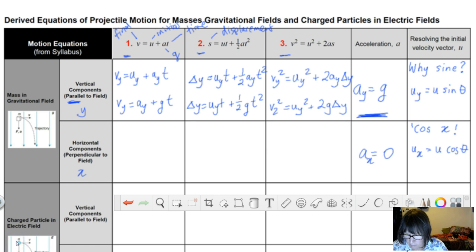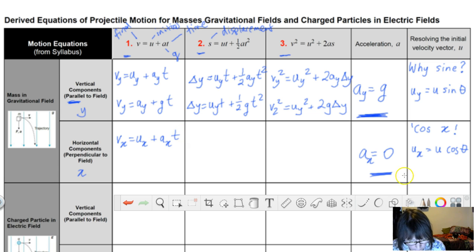Instead of thinking about the complete projectile motion, we can just think of an object that's moving horizontally with a constant velocity or zero acceleration. So starting with equation 1, let's put in our subscripts. We've got the horizontal final velocity equals the initial horizontal velocity plus the horizontal acceleration times time.